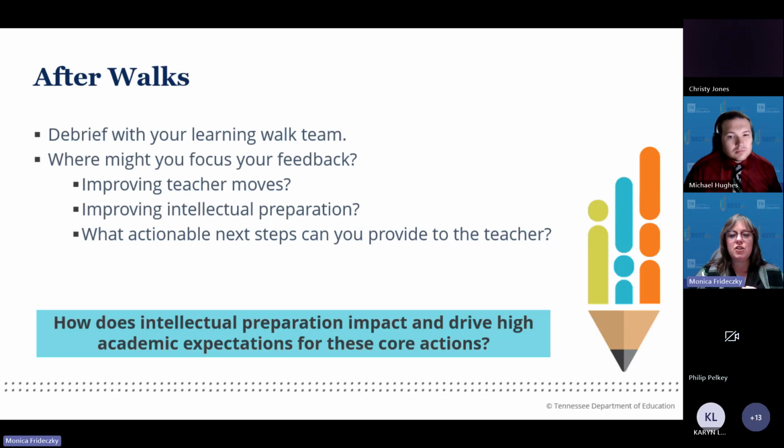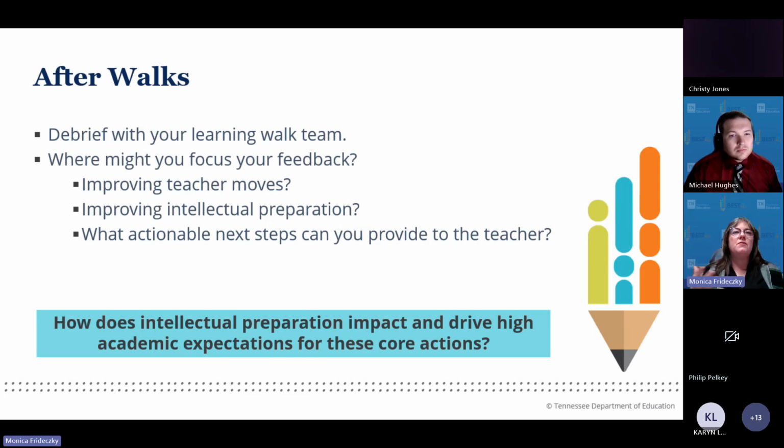How does intellectual prep impact and drive high academic expectations, core actions? That's not just a hypothetical question that I'm throwing out to you, but a question that should continuously be revisited because this is a cycle, right?